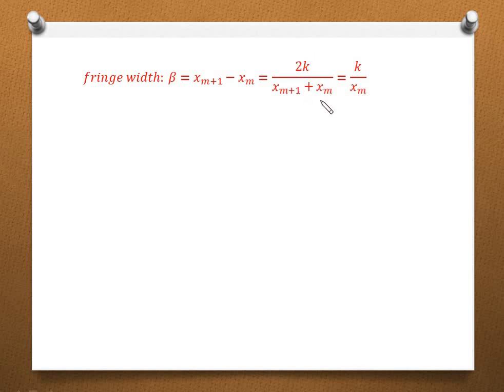Now if these two quantities are very nearby, we can consider that xm plus 1 and xm from P naught are at approximately the same distance, so we can rewrite it as 2xm, and the 2 cancels. So fringe width is inversely proportional to the distance.